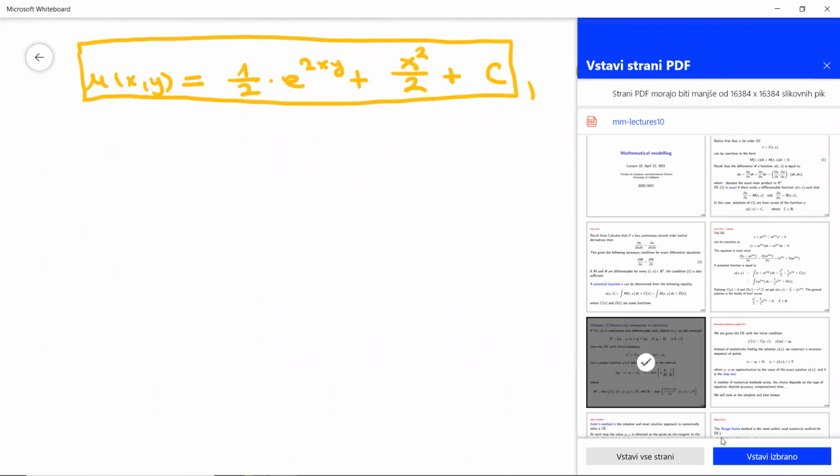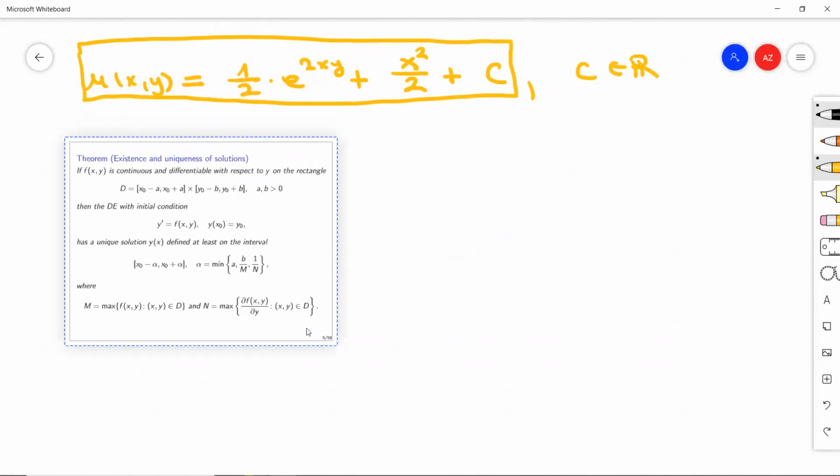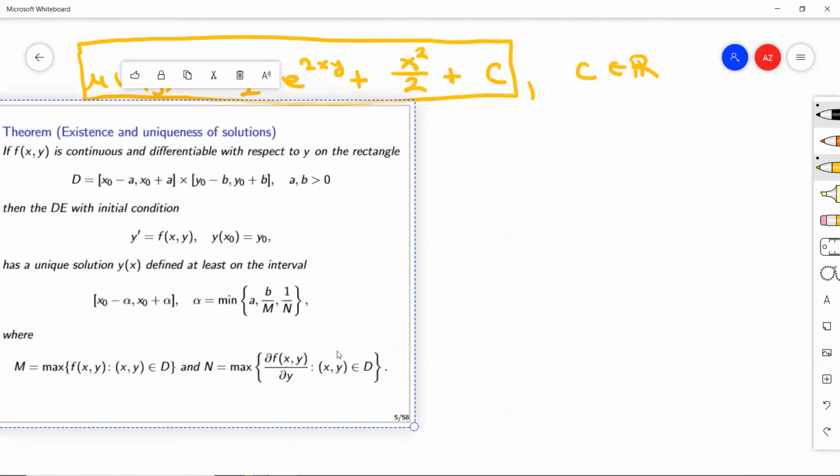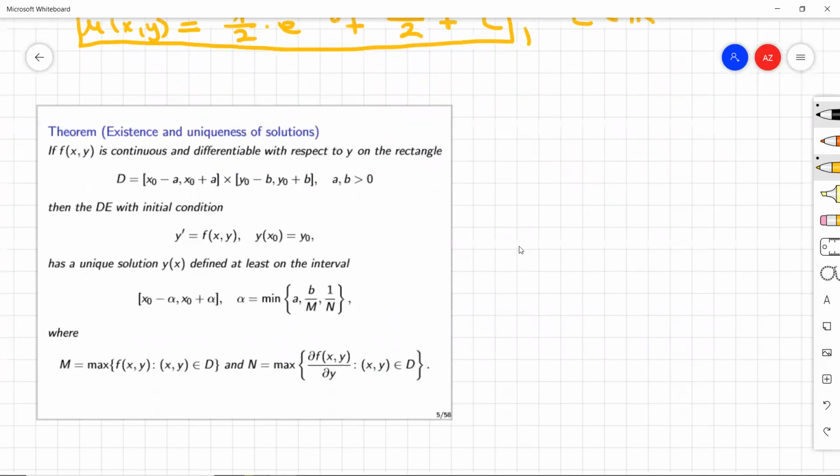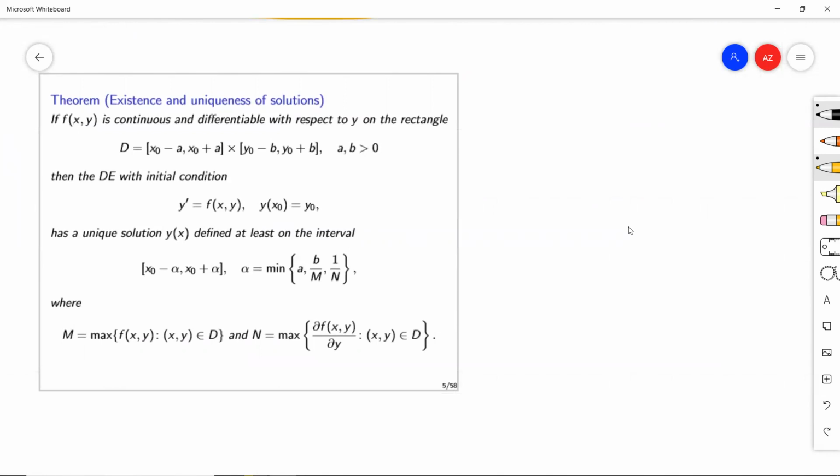I will only comment on its statement. This is the so-called Littlewood-Picard's theorem, named by the authors of this theorem.